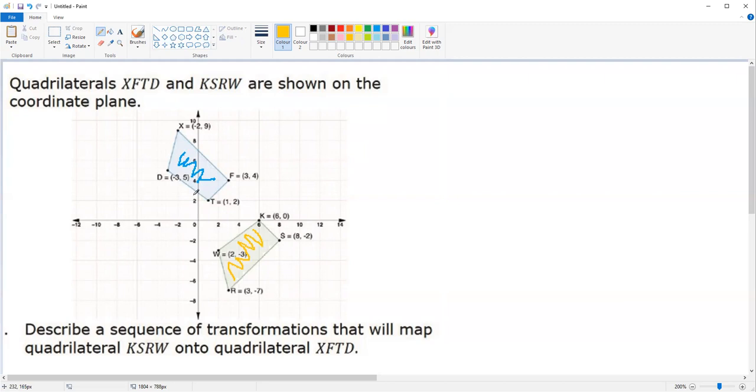So the first thing I'm going to do is make a table. My blue one, and a reflection.